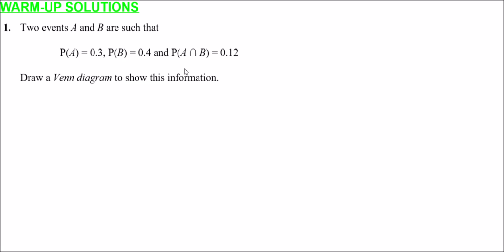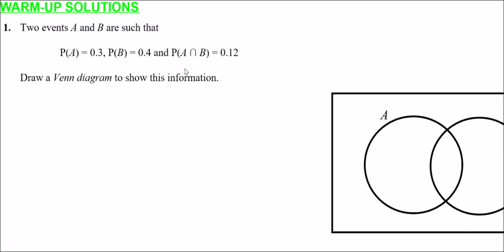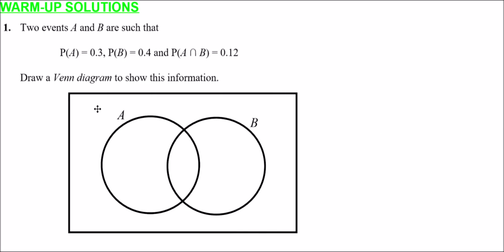So we could begin by sketching out something like this. A rectangle including all the sample space, then A and B with an overlapping section. So we need to draw and complete this diagram. As ever, always start with the overlapping parts, the intersections. So this bit here, the intersection, relates to this bit in the middle.